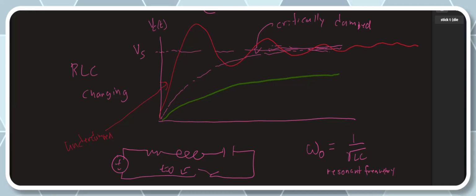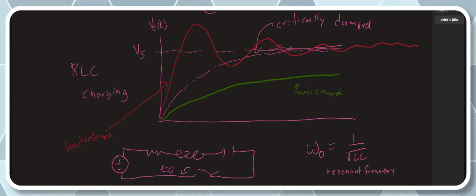But if you are given this information, it's easy to see that the one at the bottom is the overdamped one. So overdamped means it approaches a value lower than Vs?